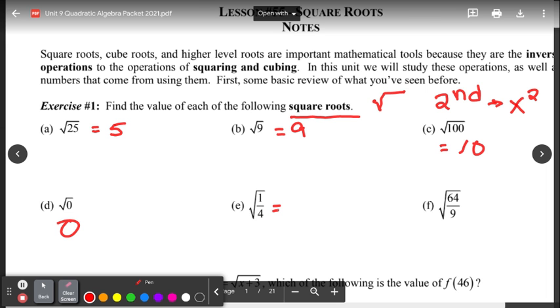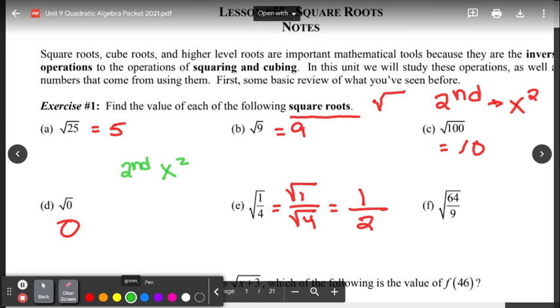what you can do is split up the square root of 1/4 into the square root of 1 and the square root of 4. You can split it into many problems. So the square root of 1 is 1, square root of 4 is 2. You can also do this in your calculator. You can do second x squared. That gives you the square root symbol.